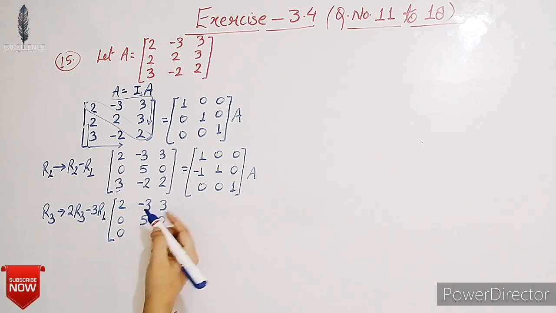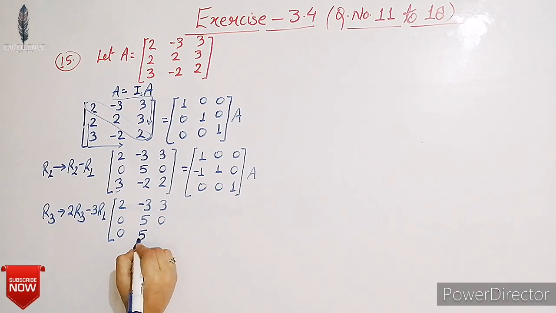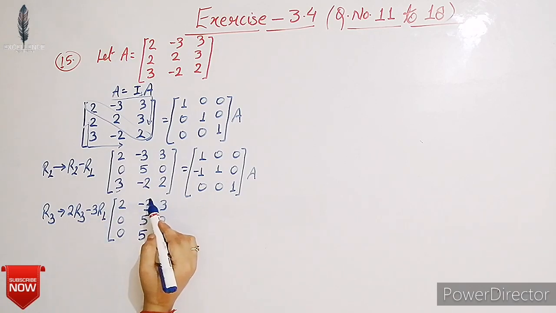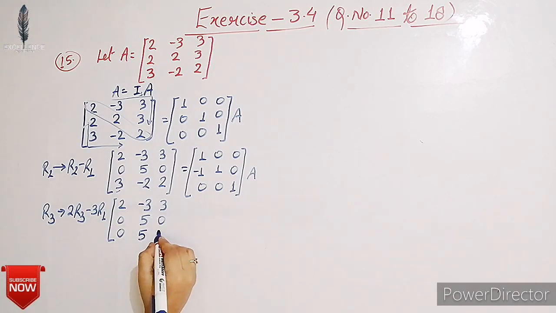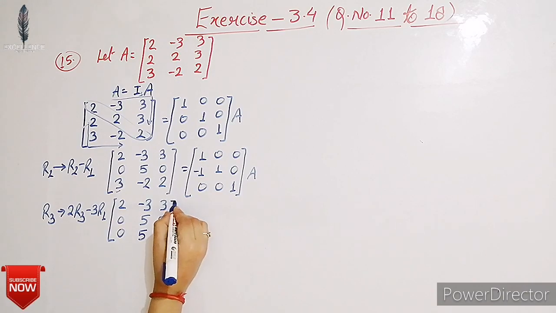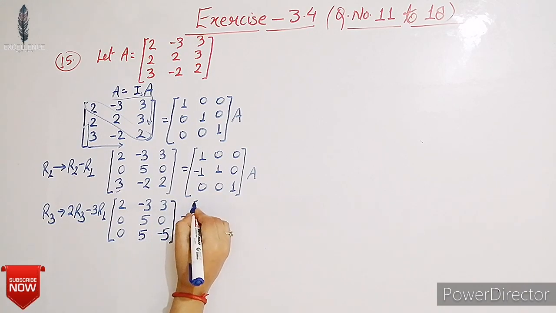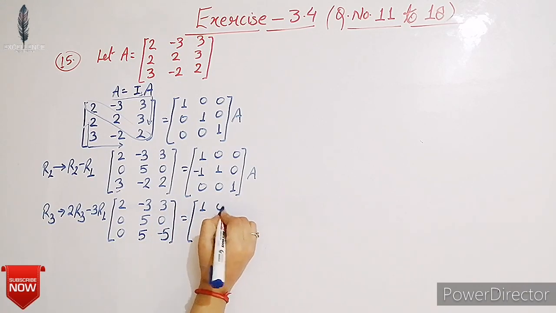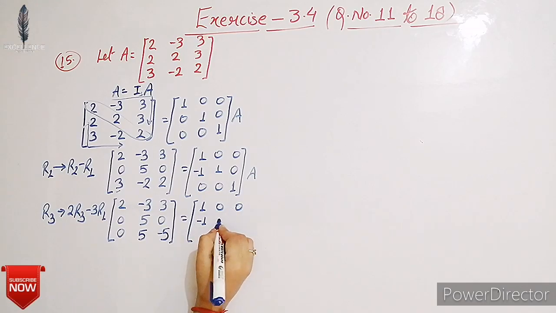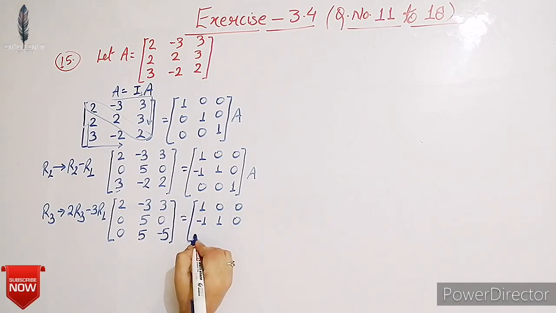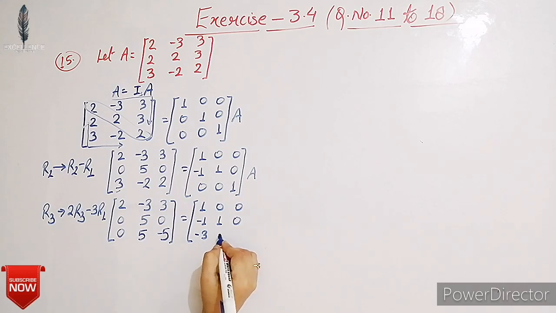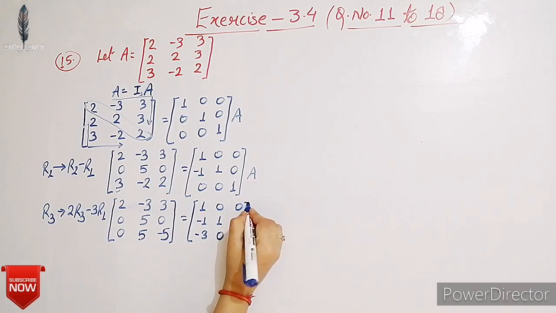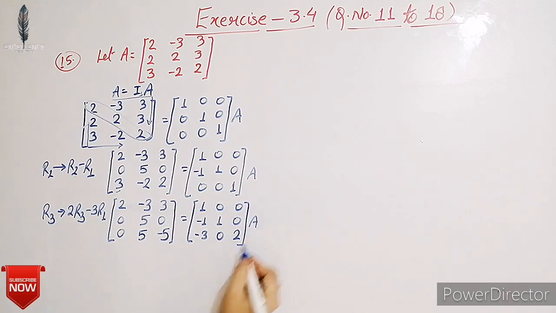And here 5, and this becomes 4 minus 9, that is minus 5, is equals to, same here, R1, R2 same, and R3 becomes minus 3, here 0 and 2, A.